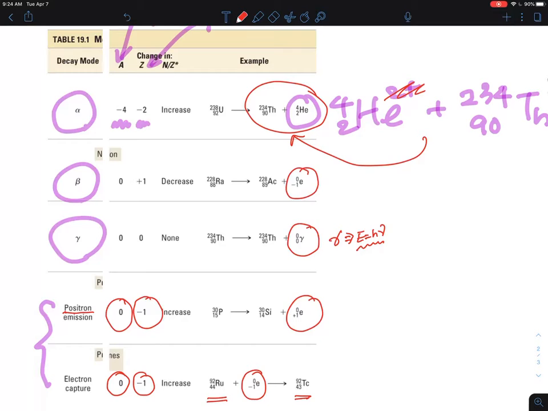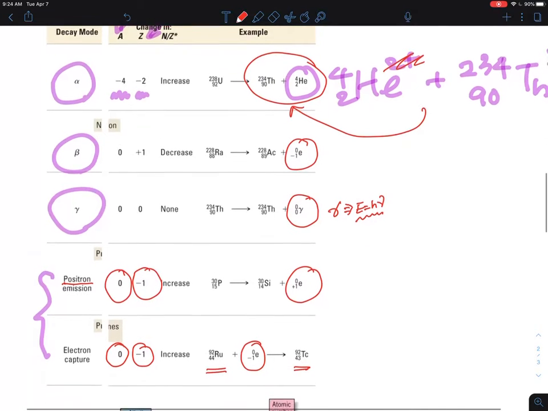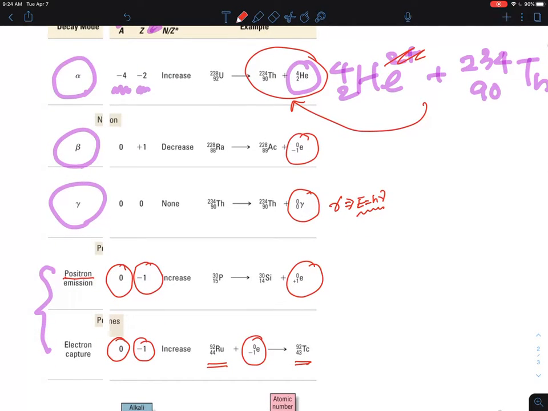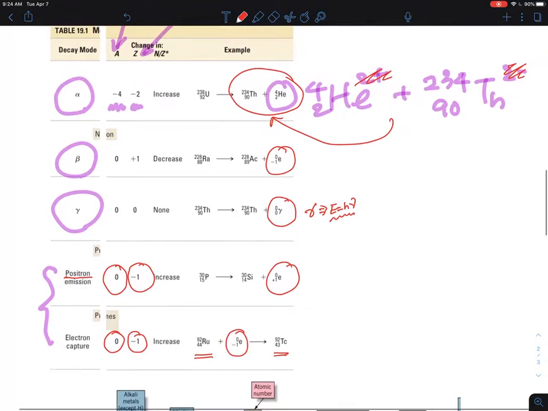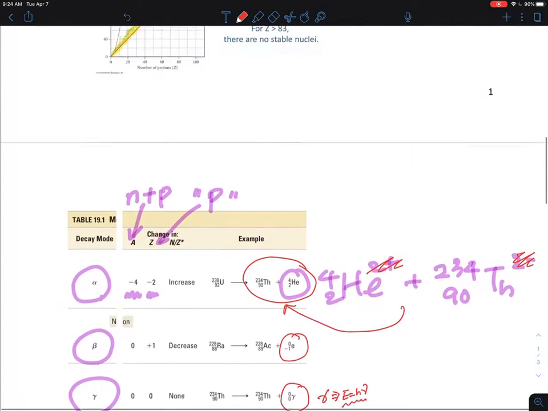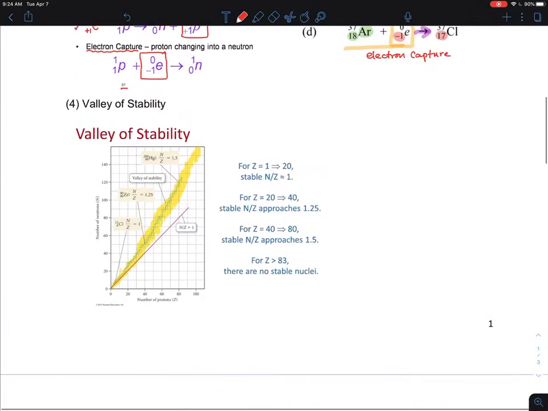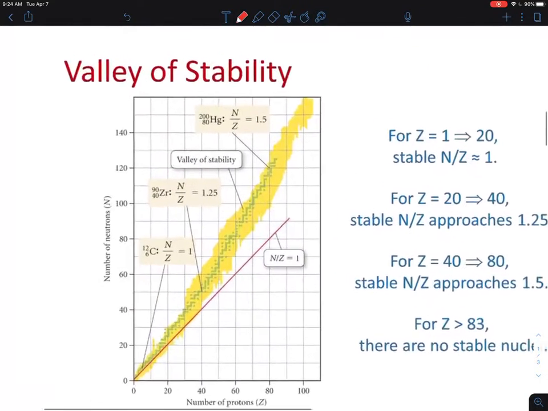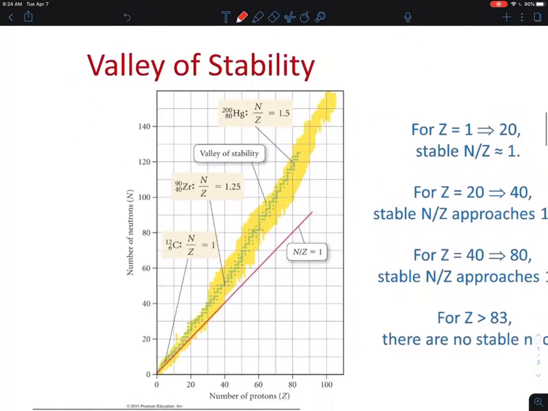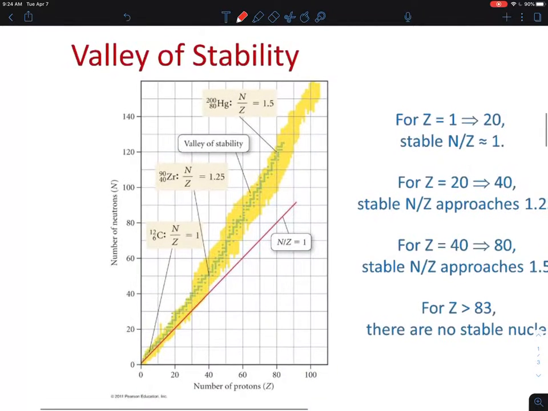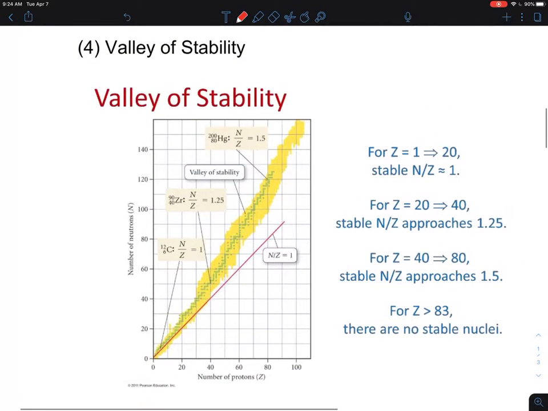I would rather just understand alpha is helium, beta is electron, gamma is just light, and positron and capture is, I guess, the electron used as a reactant. So you can understand this as well. This is kind of interesting, and I think it's worthwhile for you to remember this for some higher level questions in nuclear chemistry. You need an understanding of this.